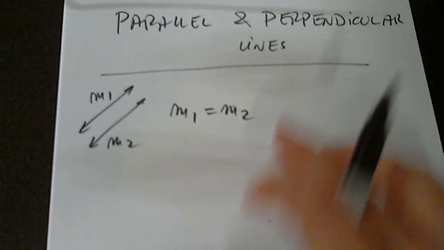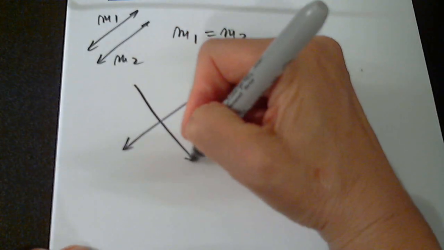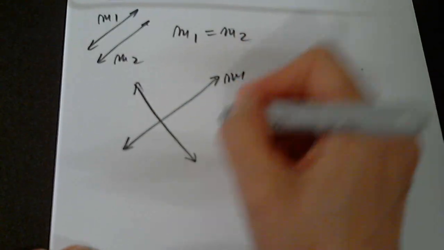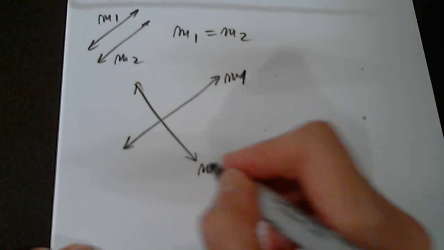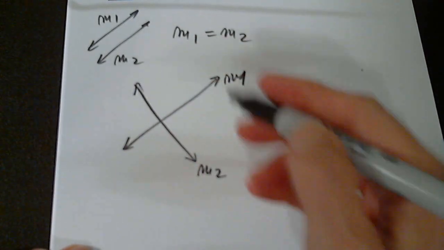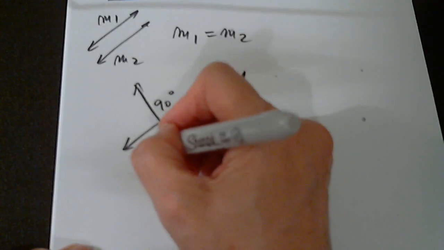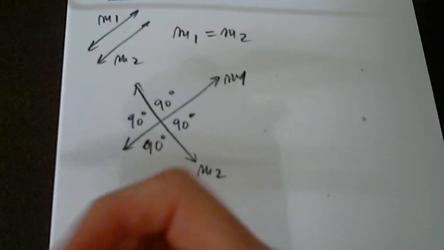Now, perpendicular. So here's an example of perpendicular lines. So this is m1 and this is m2. This is the line with a slope m1, this line with a slope m2. They form 4 90 degree angles.